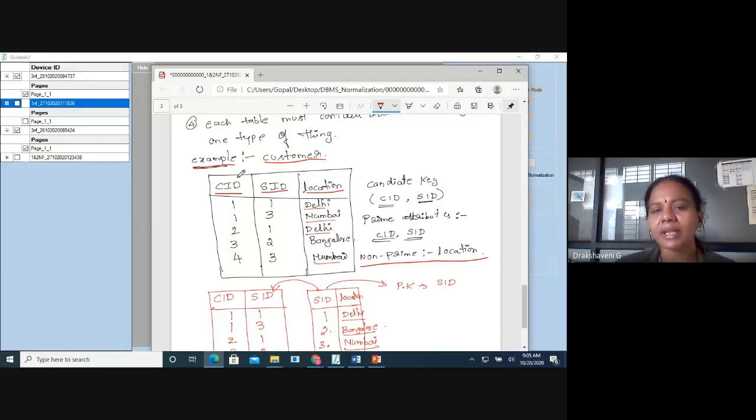Then we have to combine these two, customer ID and store ID, and they become the candidate key. Then what are the prime attributes? Prime attributes are CID, customer ID and store ID. Then what are the non-prime attributes in this table? Location is a non-prime attribute.